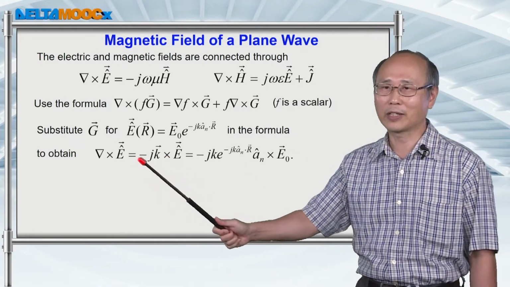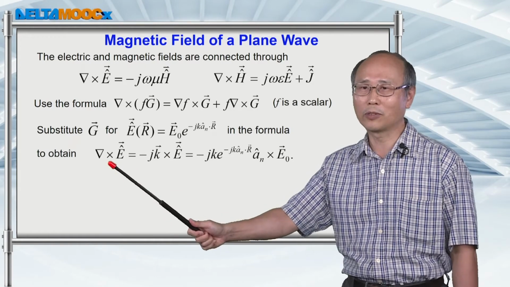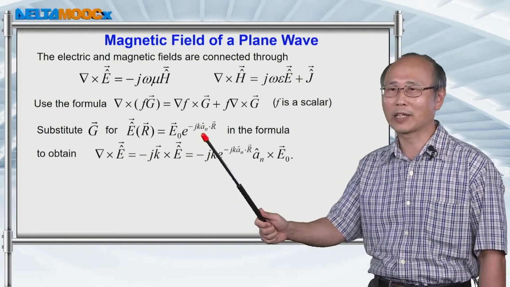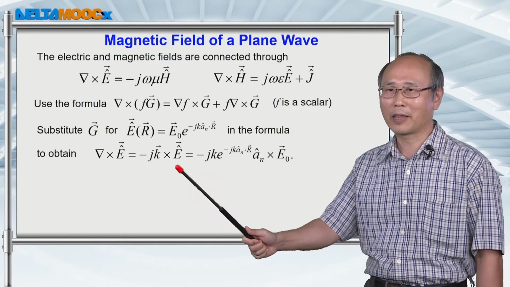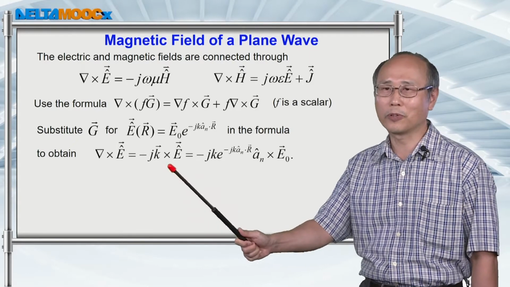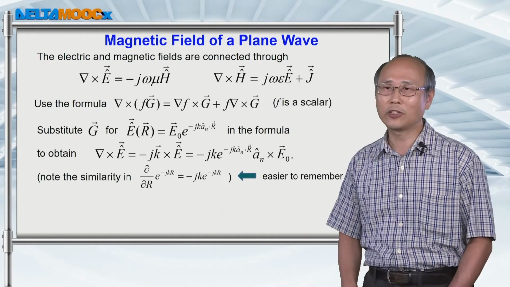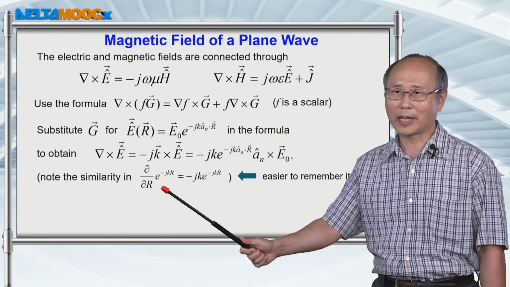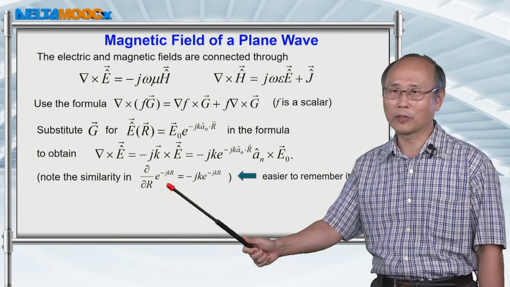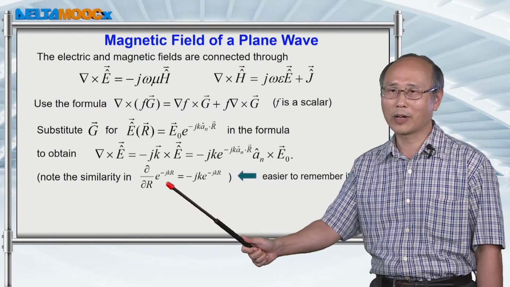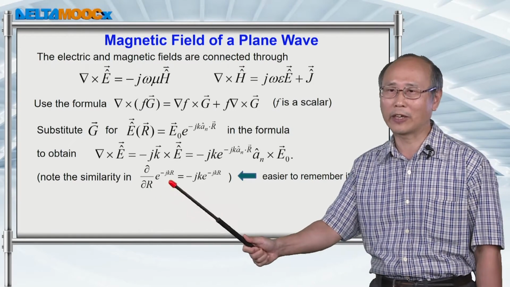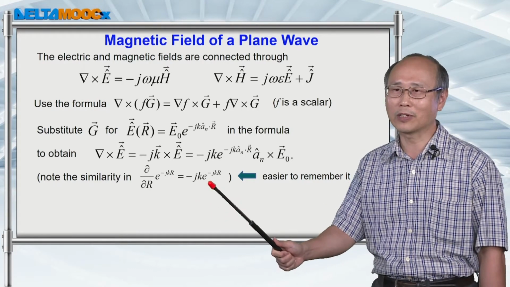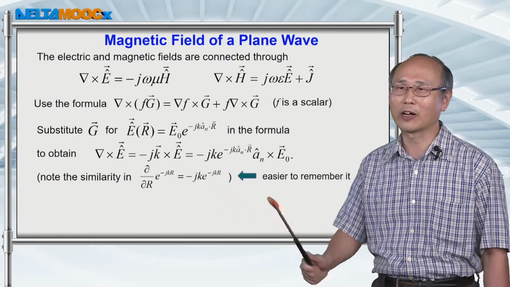In this calculation, you notice that you have to do this curl operation on this electric field, and this electric field has a complex exponential. You come up with this simple result, which has an analogy in the scalar calculation. Remember that when you do a derivative of the exponential e to the minus jkr, you drop down this minus jk and just leave the exponential e to the minus jkr unchanged.